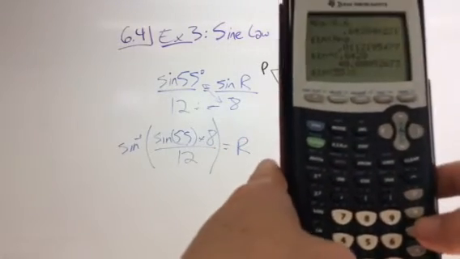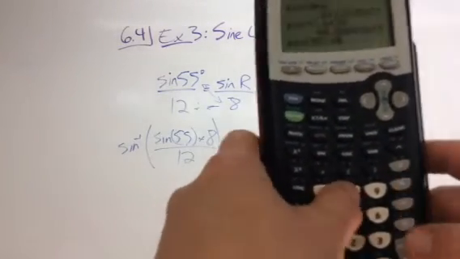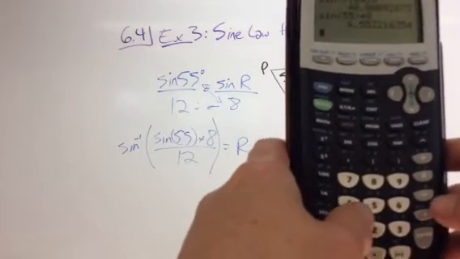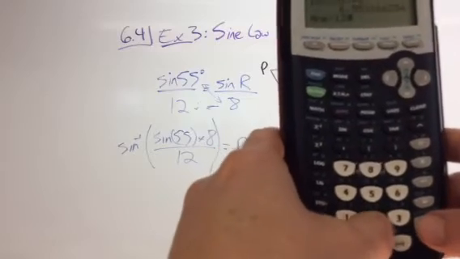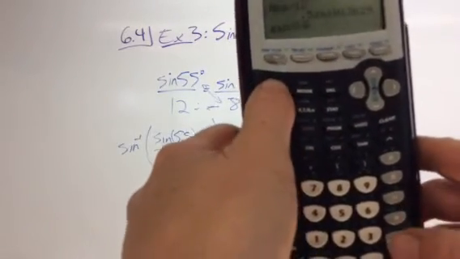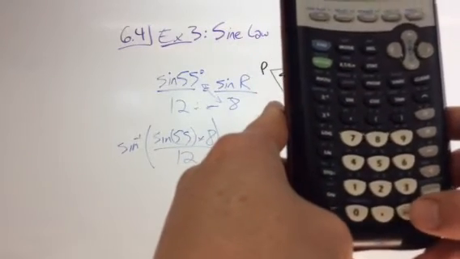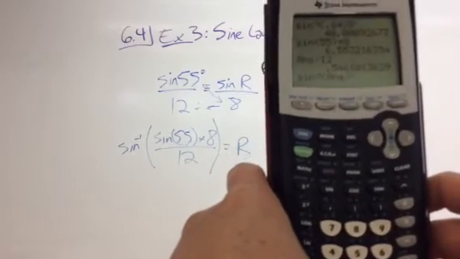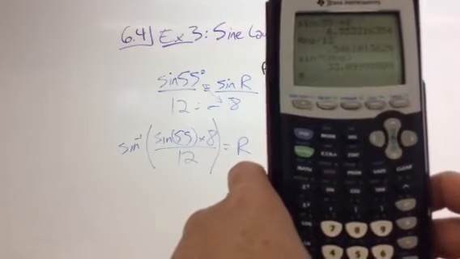So I'm just going sine of 55 times 8. I'm even going to hit the equals button in the meantime because I like to keep it simple. Divided by 12 equals, and then second function sine, second function negative because that's where my answer button is, instead of having to write all of that in.